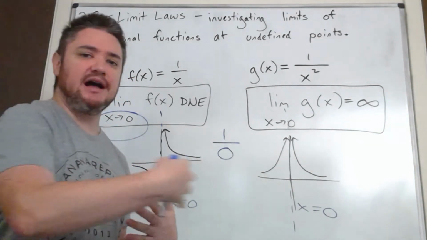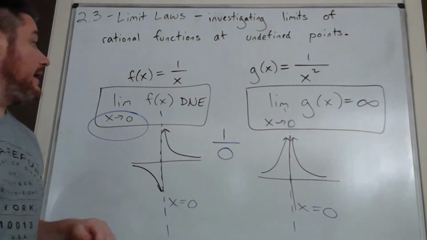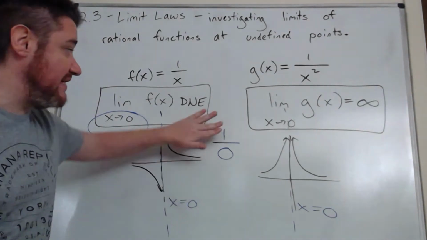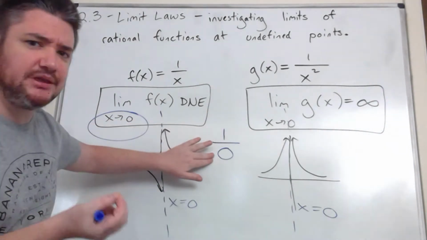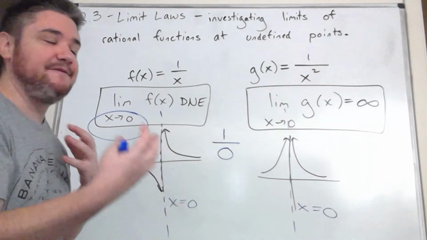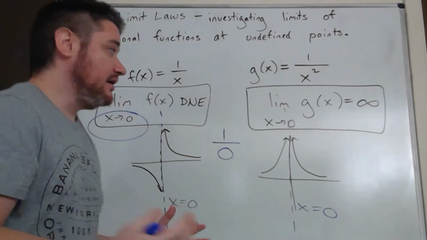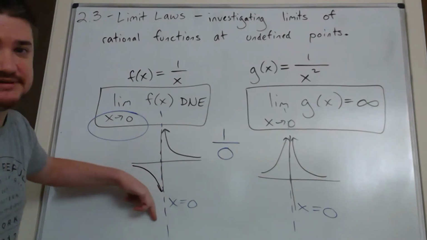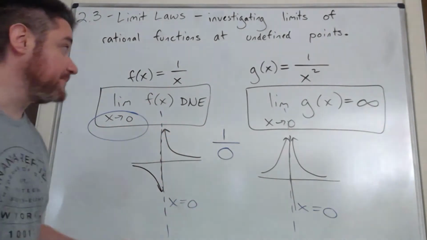But the actual limit process, if you were filling out a function table or plugging in different values as you approach 0, means you have a non-zero quantity being divided by something really, really, really small, right? That's the idea of approaching 0, it's really small, and if you divide by something really small, the output becomes really big. And really big we think of as infinity. However, those outputs could be negative and big and go down towards negative infinity. Either way, though, that results in what we call an asymptote, okay?